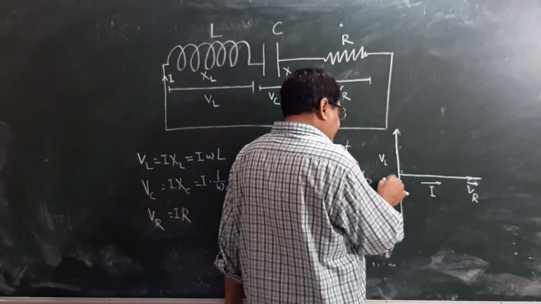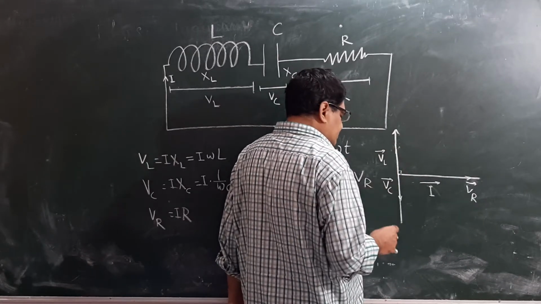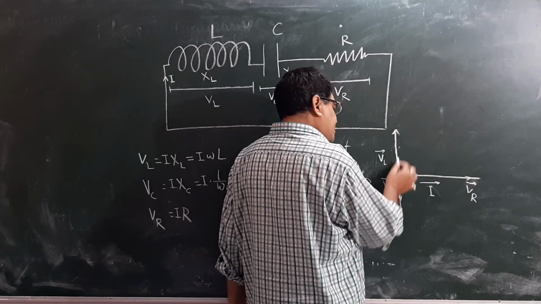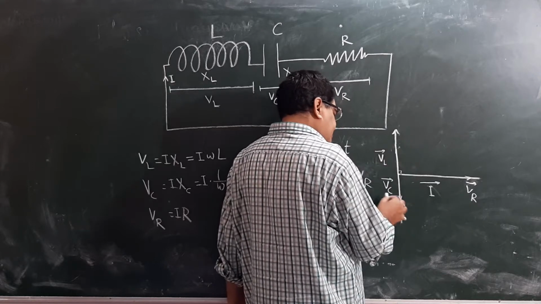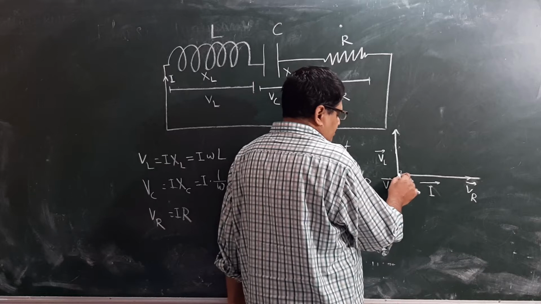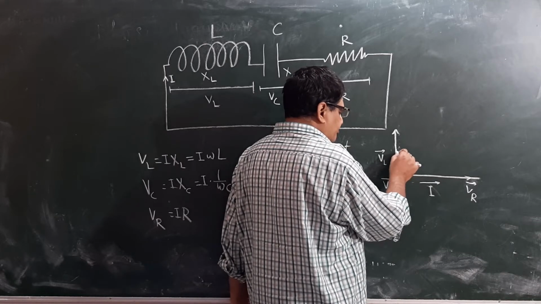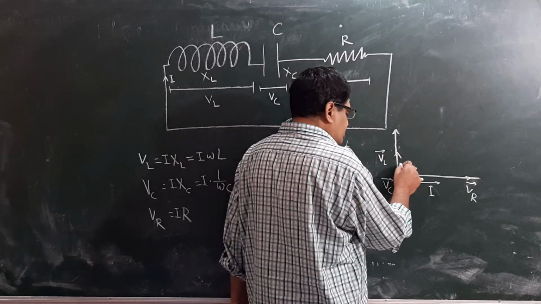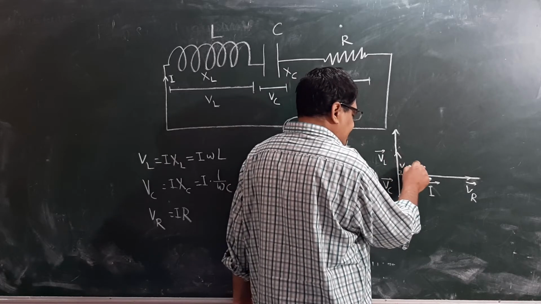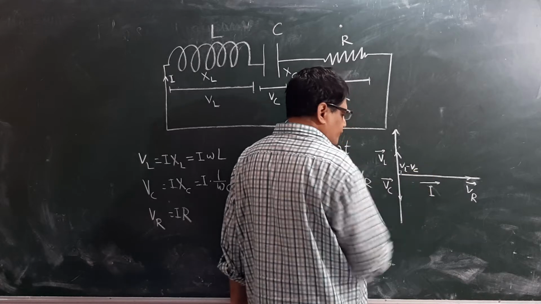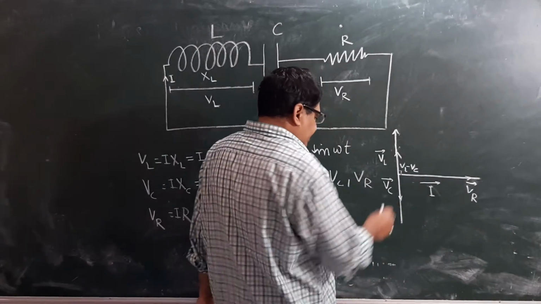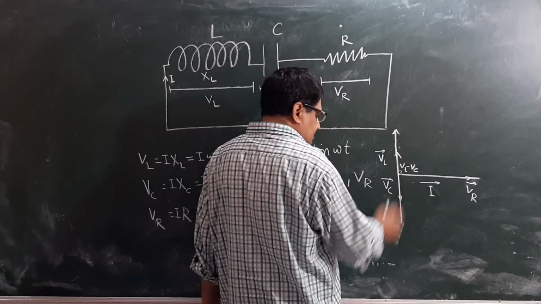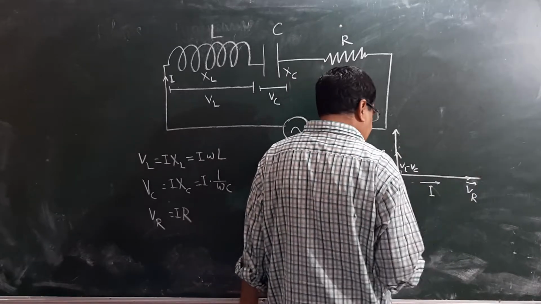So the resultant of this vector and this vector will be along this direction if VL is greater than VC. Along this direction, the resultant of VL and VC will be VL minus VC. So this is VL minus VC. So we have got the resultant of this vector and this vector, and we have this vector, that is VR.